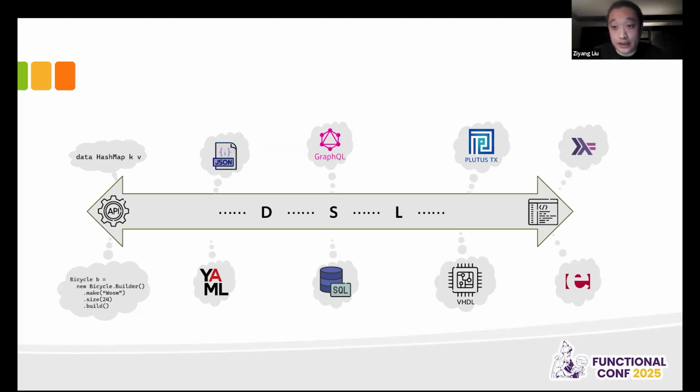The more you go towards the right, the more you see these kinds of things. The things on the far right are basically just general purpose languages like Haskell and Erlang, and they can also be called DSLs. For example, some people say Haskell is a DSL for denotational semantics, and Erlang is a DSL for distributed computation. Again, it's not wrong to say that, although most people would just call them general purpose languages.